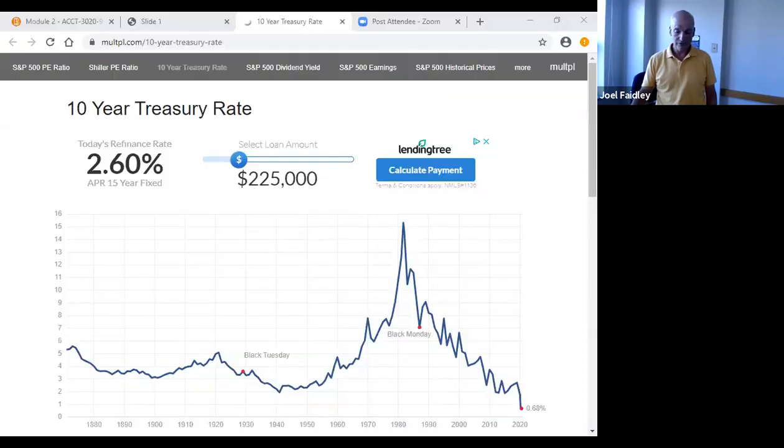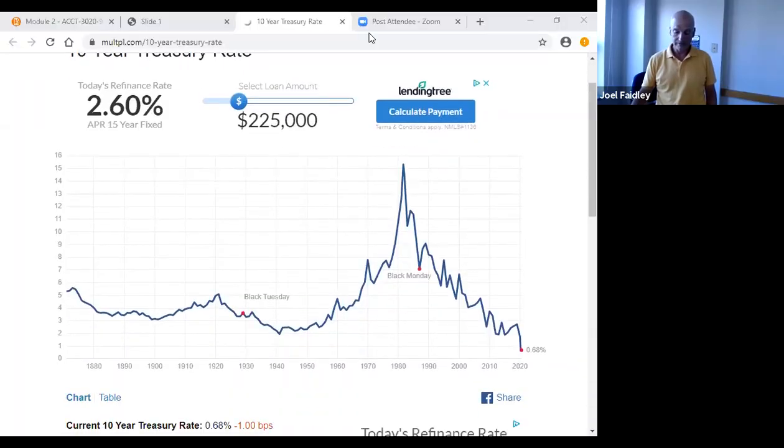Before we get into that, I want to share a screen here, a link, and it's out there in D2L in the content section, which is module 2. But let me share this 10-year treasury chart that is out there.